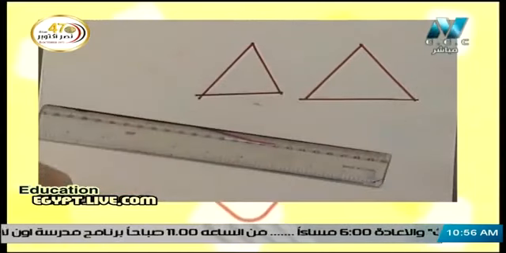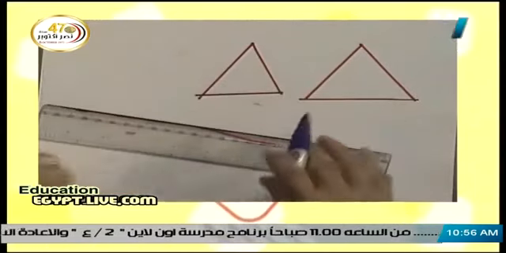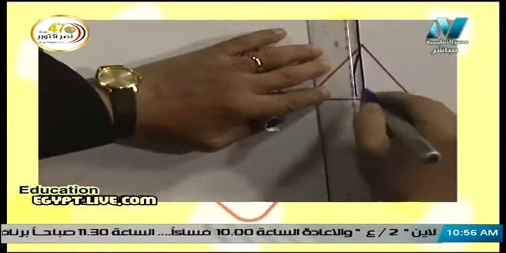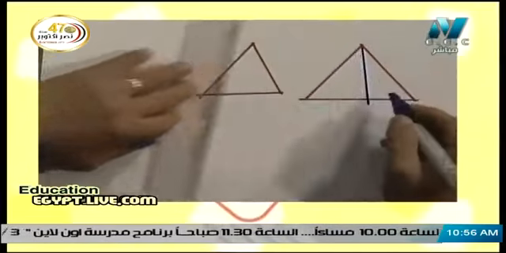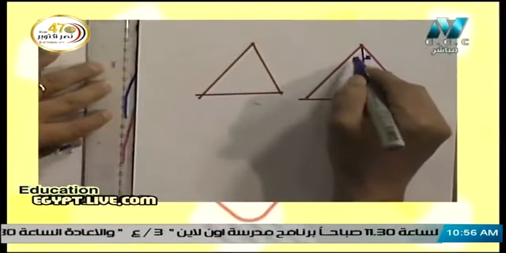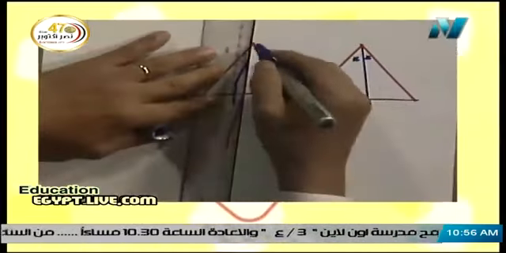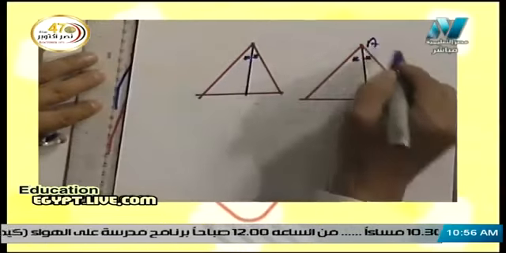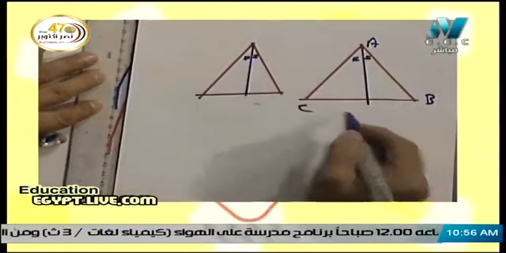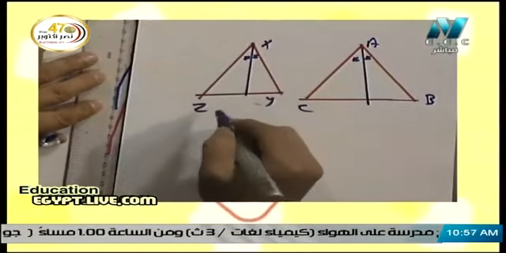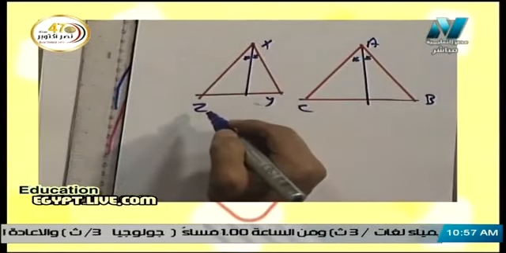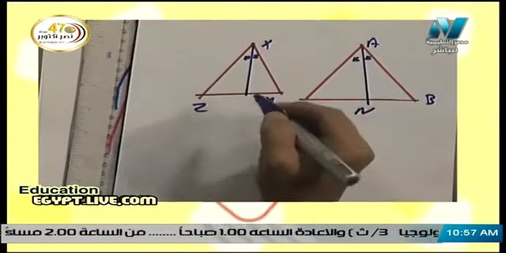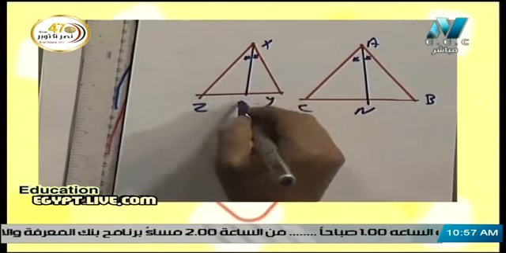Now we will talk about the bisector of an angle. So if we have this line segment that bisects the angle, and we have another one to bisect this angle. We call ABC for this triangle, XYZ for this triangle, and we have here AN and DZ or XZ.